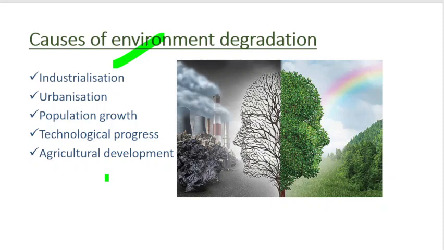Technological progress, here you can understand, nowadays we are totally dependent on gadgets, right? Laptops, smartphones, and so many things. When these become obsolete or useless, where do we discharge all these things? These wastes are called e-waste. So this e-waste is a big challenge for many countries nowadays.